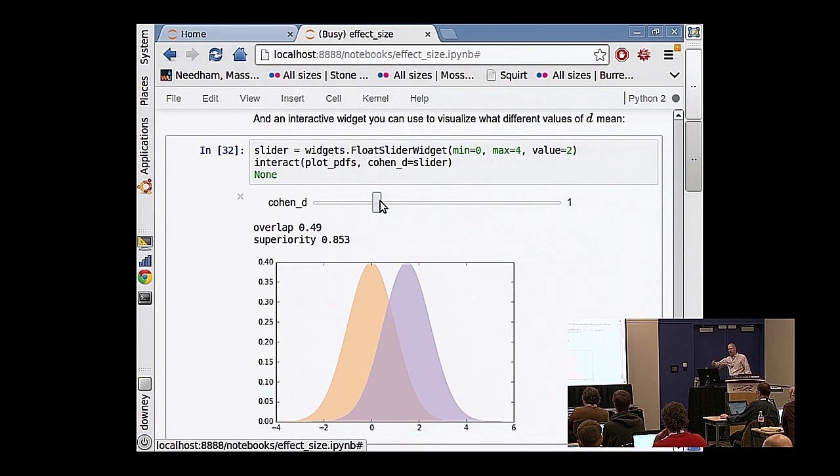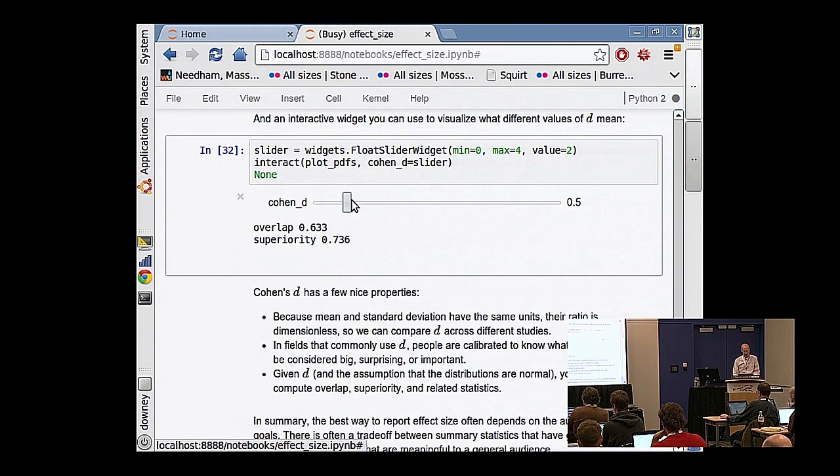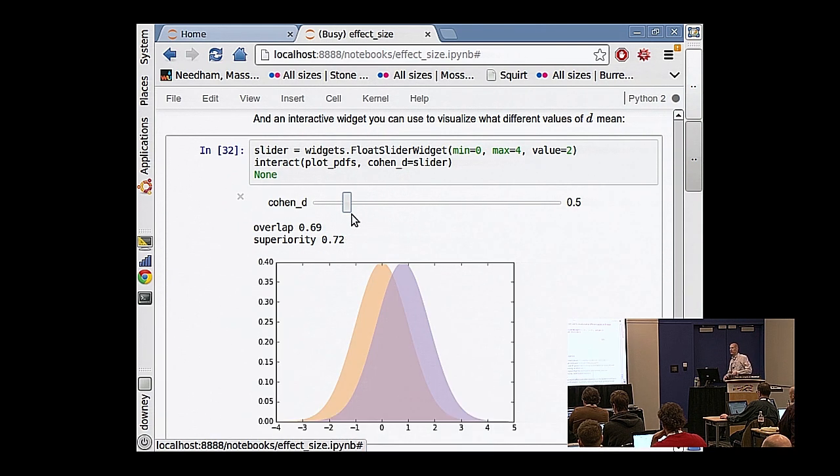Mine is kind of slow, so it's going slowly. There's what 1 looks like. And so if you read a paper and they say, oh, there's a difference between this group and that group, and Cohen's d is 0.5, then you would have a mental picture of that amount of overlap.